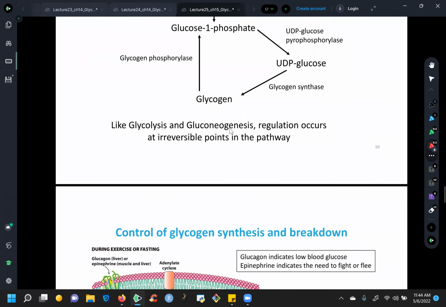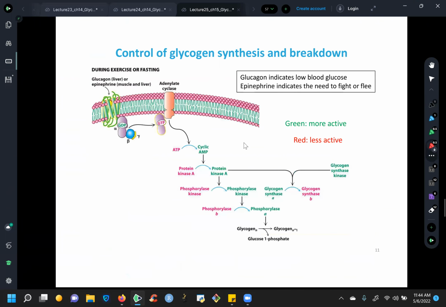Like glycolysis and gluconeogenesis, regulation occurs at irreversible points in the pathway. Control of glycogen synthesis and breakdown. Glucagon indicates low blood glucose, and epinephrine indicates the need to fight or flee.